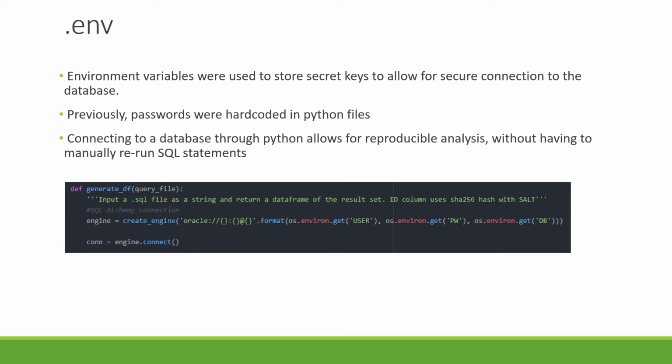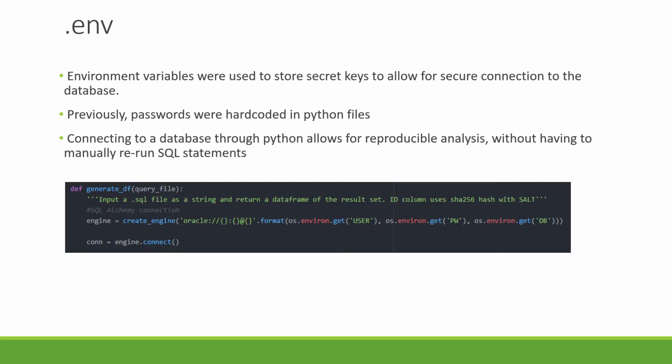Similar to the last slide, where the salt was stored in an environment variable, so too were the user, password, and actual database credentials in order to connect Python to the SQL database. Previously, there were a lot of Python files floating around in my company in which the username and password were hard-coded into the file.